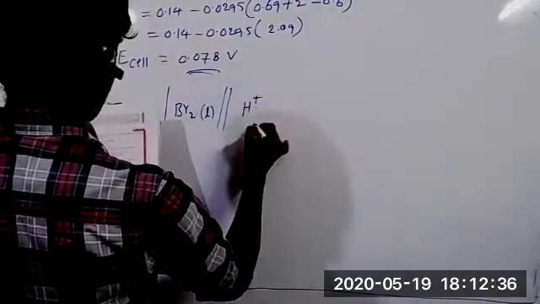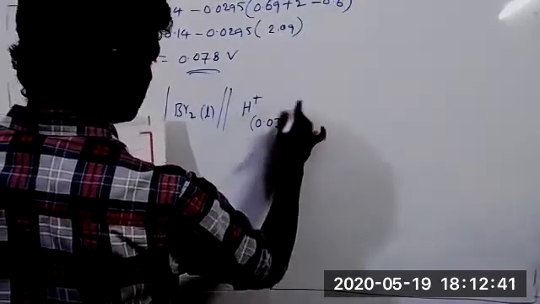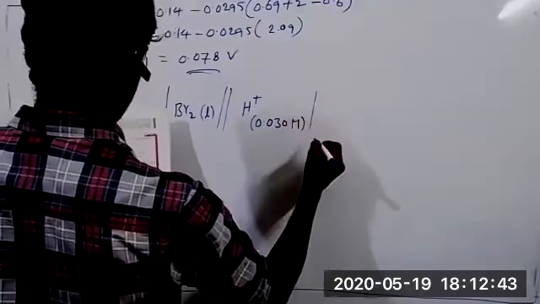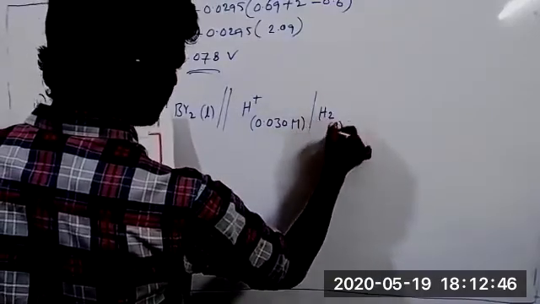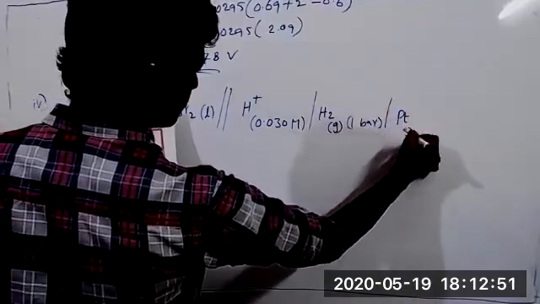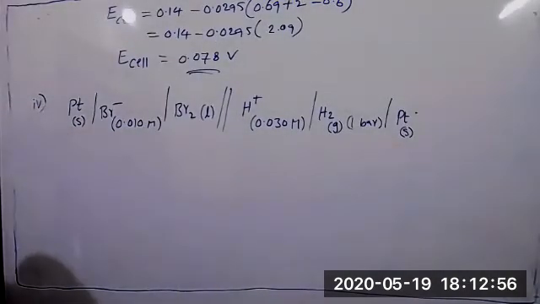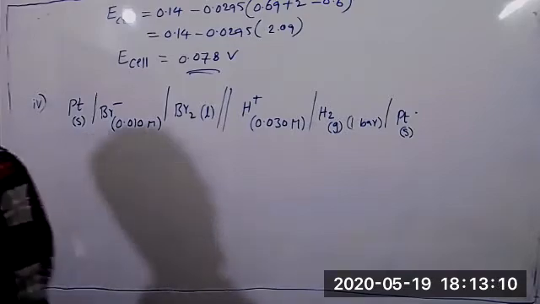H plus 0.030 m, H2 gas at 1 bar on the platinum electrode. So here E naught cell.